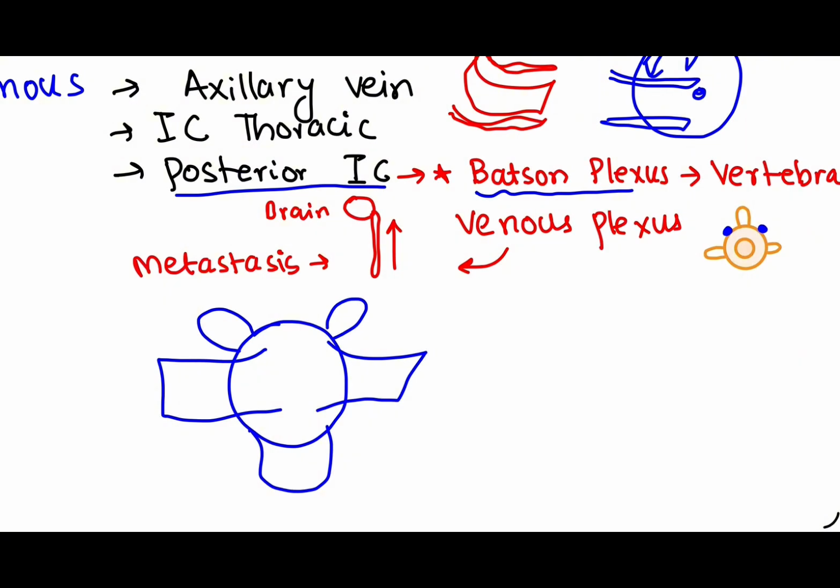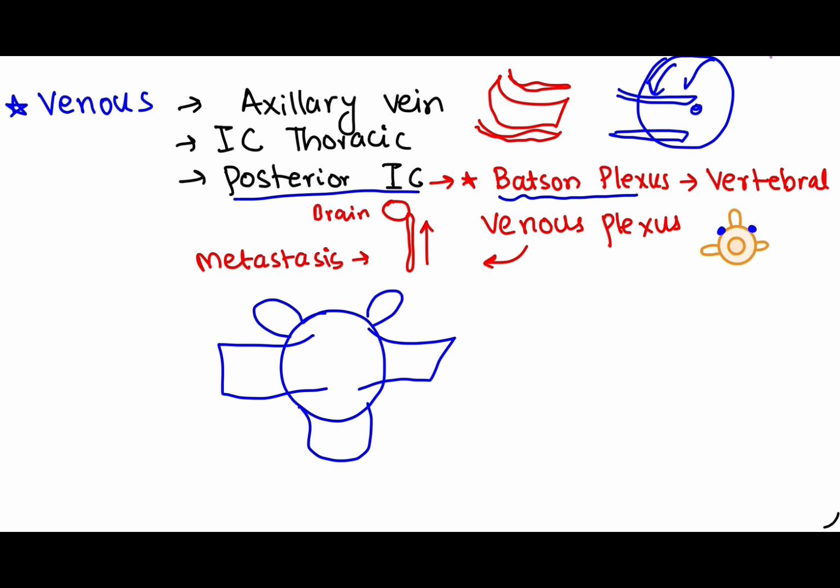In the vertebra, all of these veins and plexuses are passing like this. They're called the vertebral venous plexus. The vertebra contains the spinal cord and other veins that go into the brain. What's going to happen here?